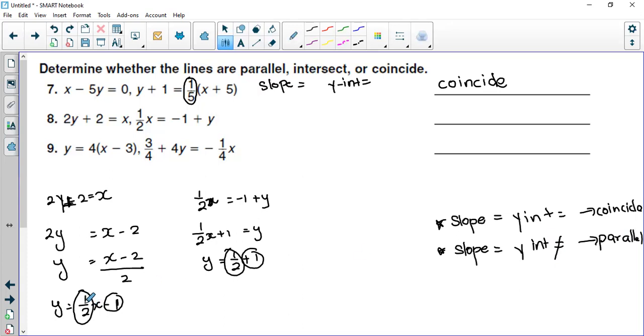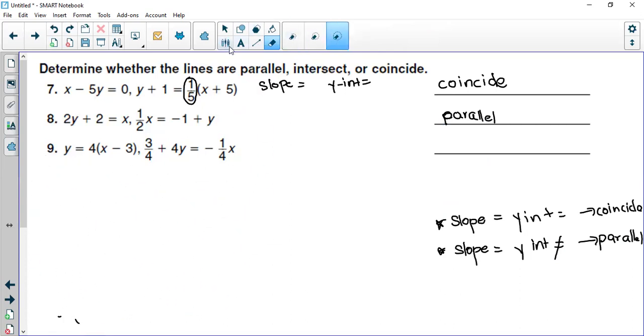Same like what we have done here. The slopes are equal, but the y-intercepts are not equal. So that means they are parallel. Right? Yes, it's new, it takes time, it takes practice.